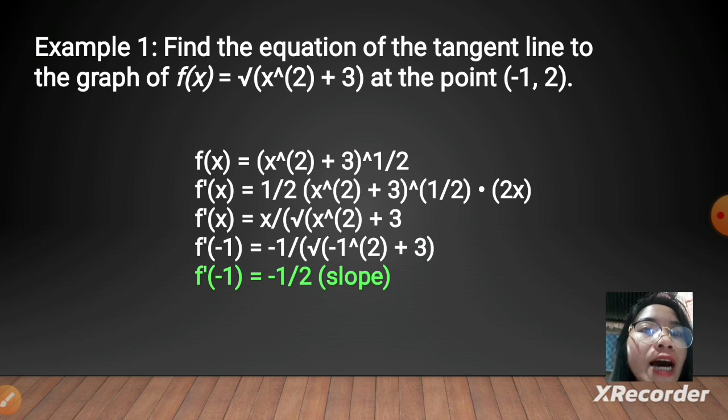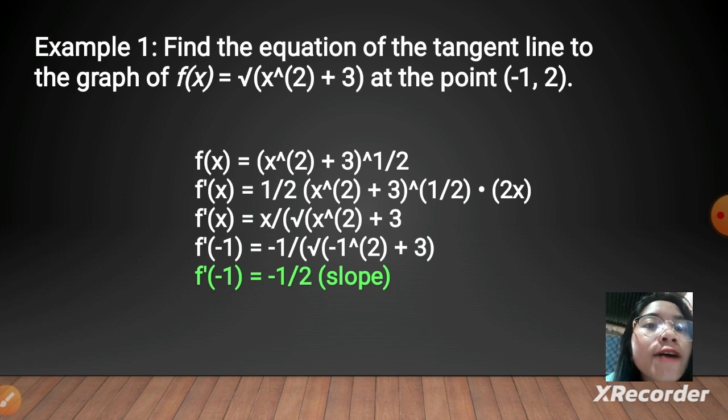So we have x over square root of quantity x squared plus 3. It becomes x because when we multiply 2x times 1/2, we have 2x over 2. Cancel the 2, so we have x. Then, substitute the value of x, which is -1.